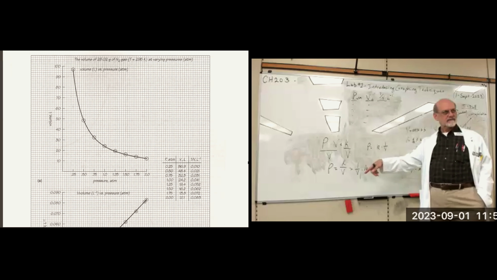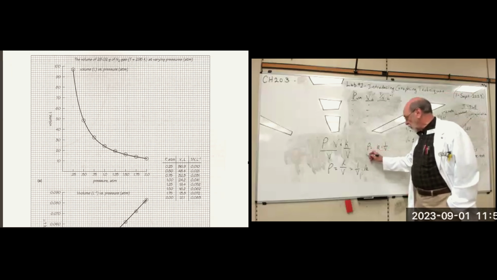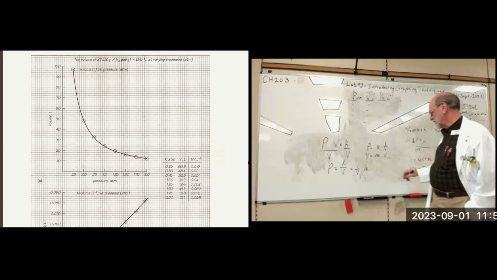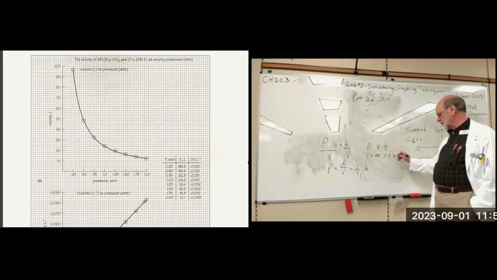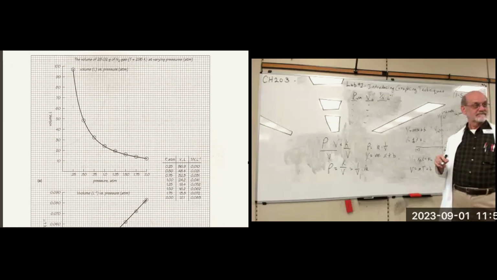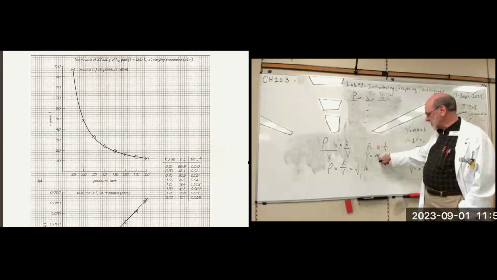Well, we can do that. So this looks like Y equals M, and this is X. So what's B? B is 0. B is 0. So this K value is the slope of the line.